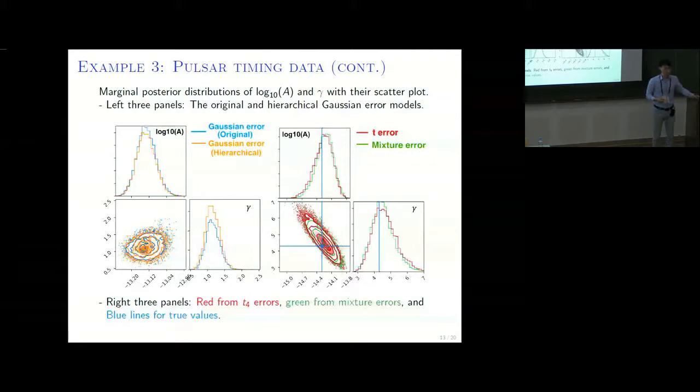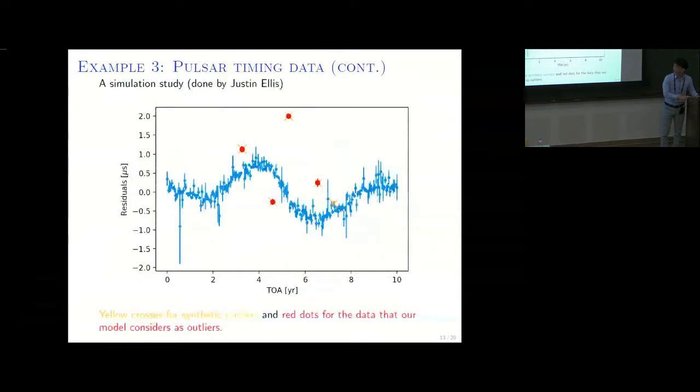I was just wondering, if you go back to the earlier plot, here the number of outliers is much, much smaller than the actual data. But if you have a much higher proportion of outliers in the data, would this mixture error model still work as effectively to identify those outliers?